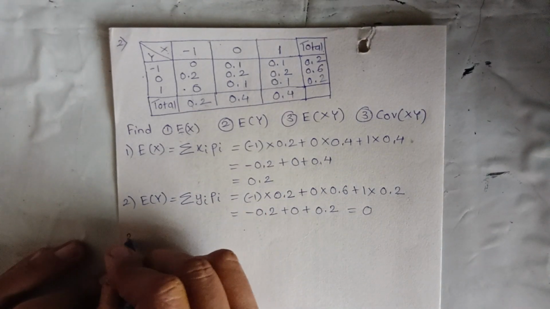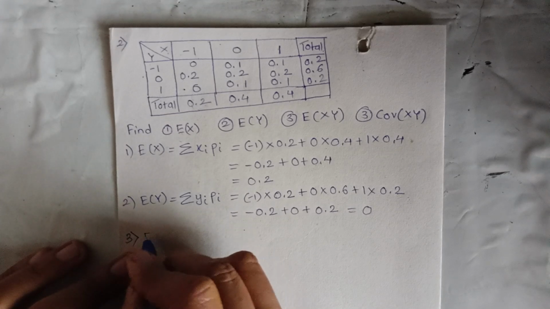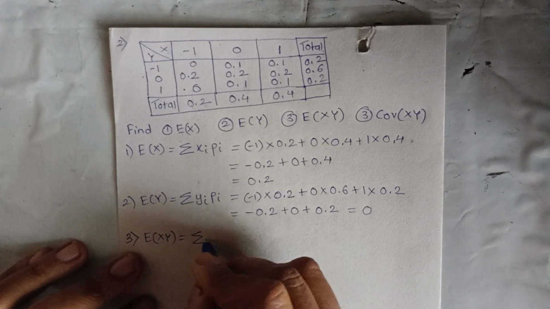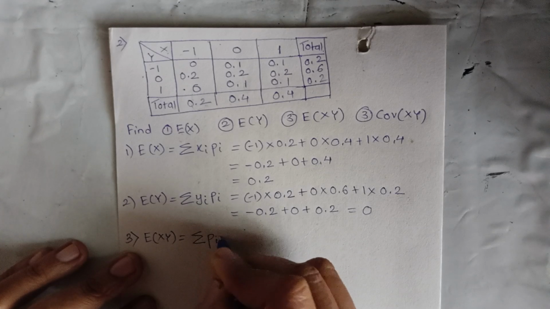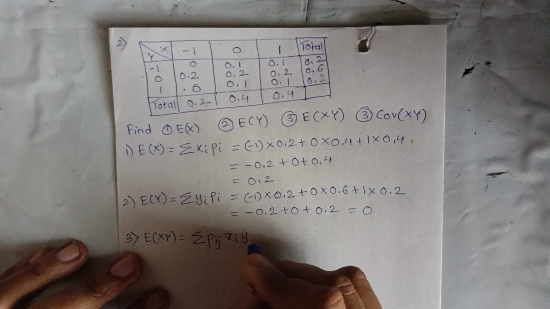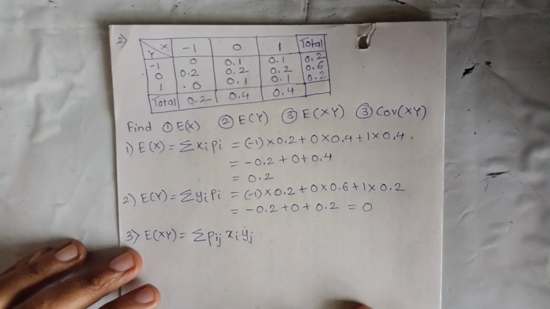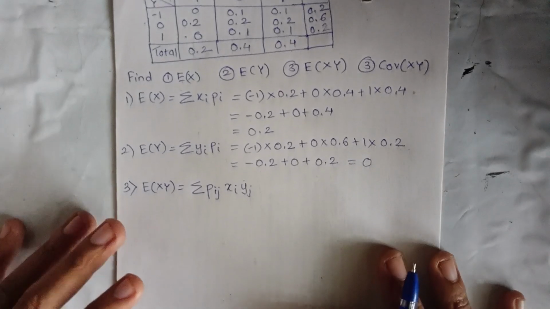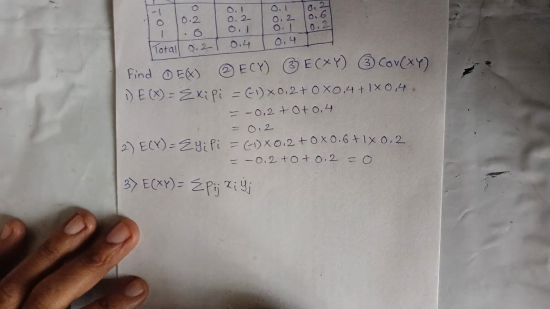Okay. Next is E of xy. So this is given by summation Pij xi yj. Okay. So each combination you have to take.